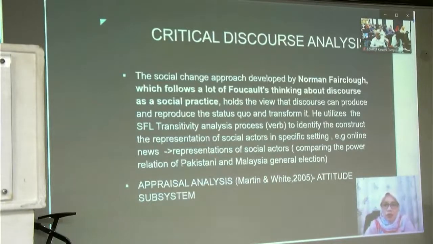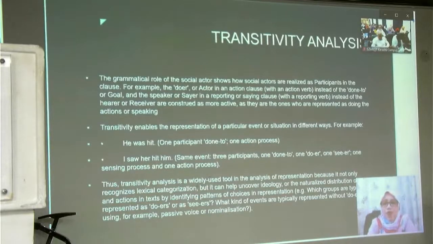So critical discourse analysis, as mentioned, is by Norman Fairclough, and I also look at the appraisal analysis by Martin and White, following systemic functional linguistics, which you can have a look at later. This is the transitivity analysis, following systemic functional linguistics and the Norman Fairclough framework.